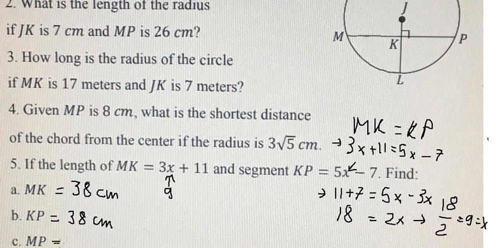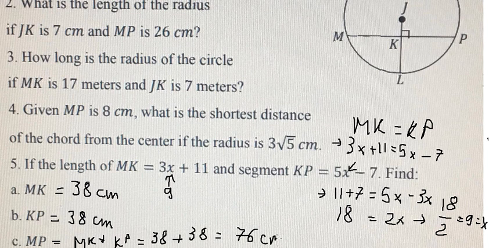We know that MB is MK plus KB. And we have 38 plus 38, and we got the final answer. That's 76. And this is the final answer. This is the end. Thank you for watching.